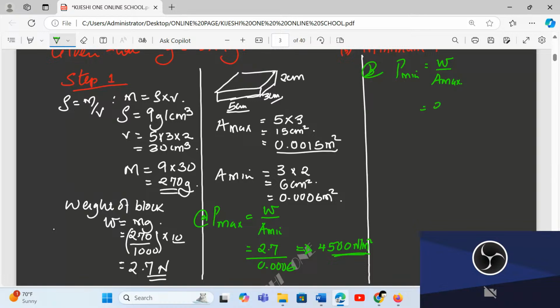And this will be 2.7 newtons divided by maximum area, which is 0.0015. You get 1,800 Newton per meter squared.